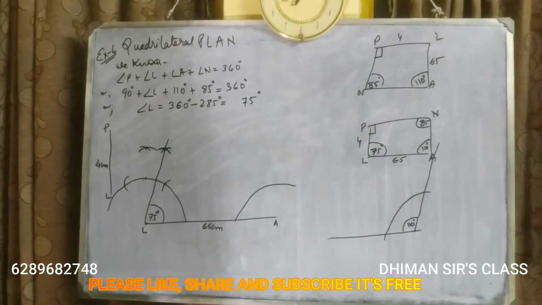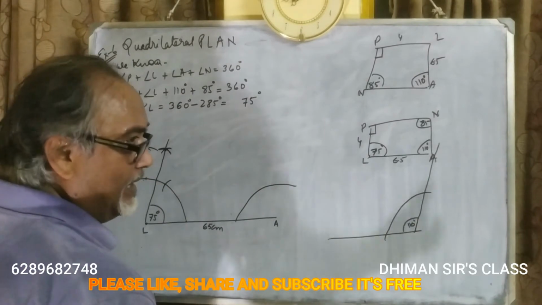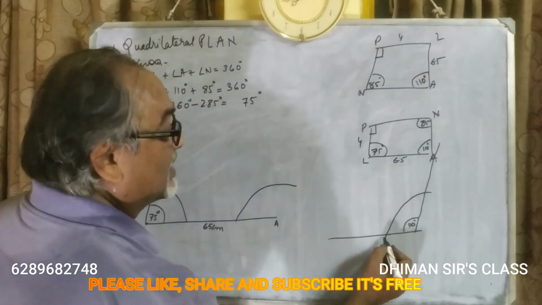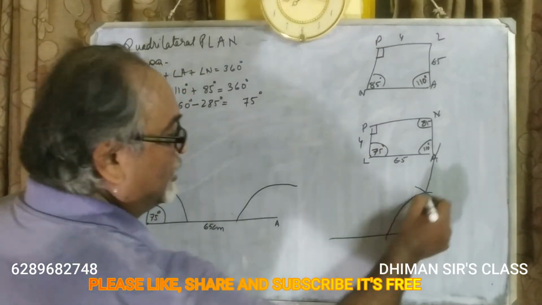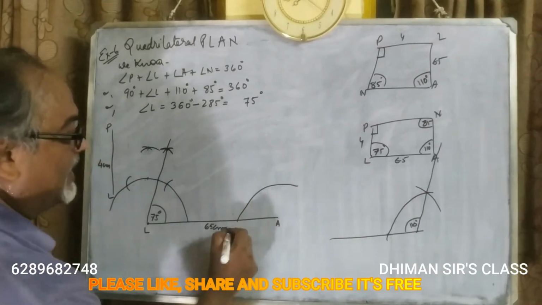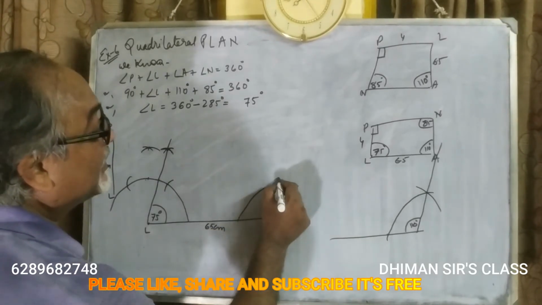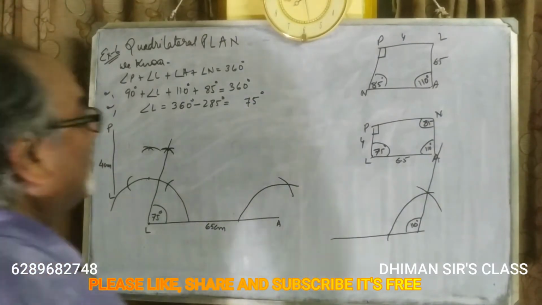Draw it. Done? Now, again take back the pencil compass to this construction. Put the needle here, draw an arc like this in order to take this measurement. Done? Same measurement now, put the needle here, draw an arc like this. Okay? Now what happens?